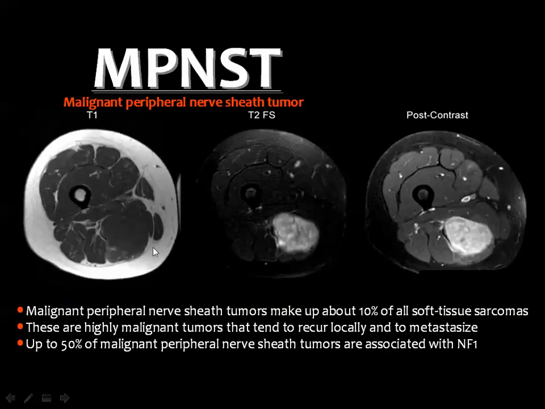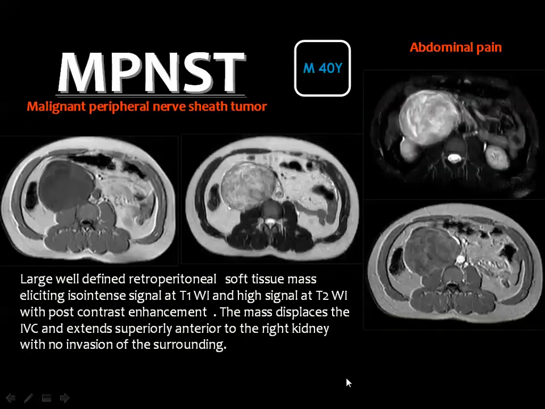And this is T1, T2, and post-contrast of a mass in the back of the thigh, and it was proved to be a malignant peripheral nerve sheath tumor.